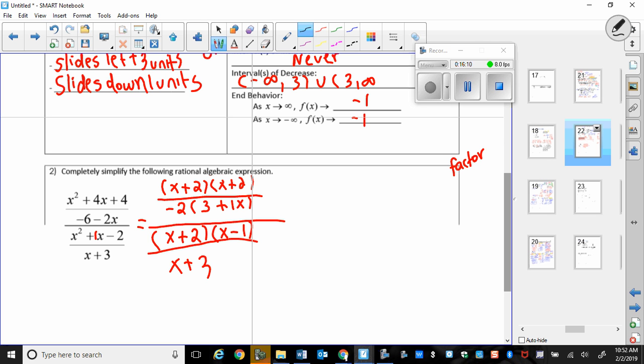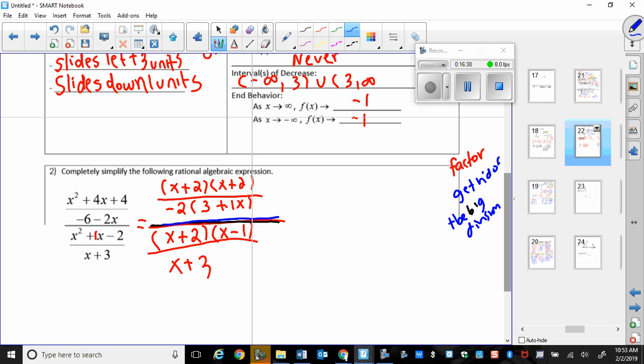Now, the second step, we factored. We want to put this in a multiplicative form. So we get rid of the big division. What is the big division?